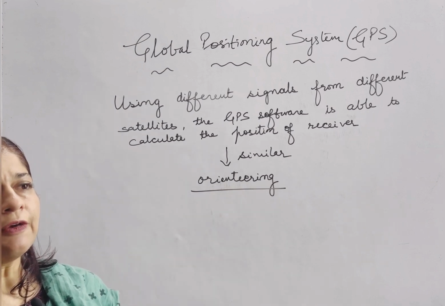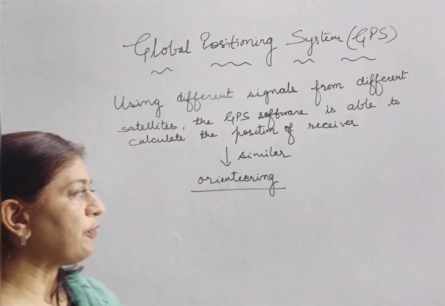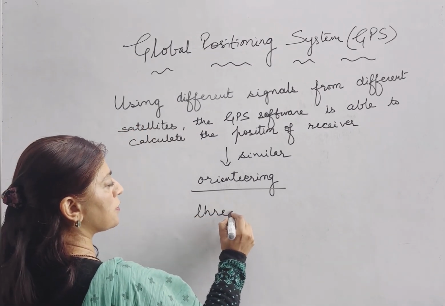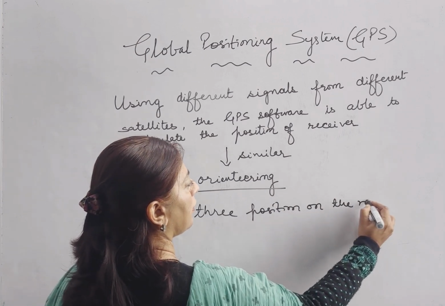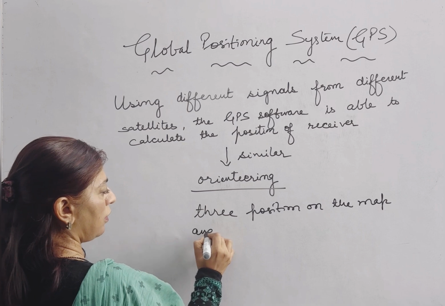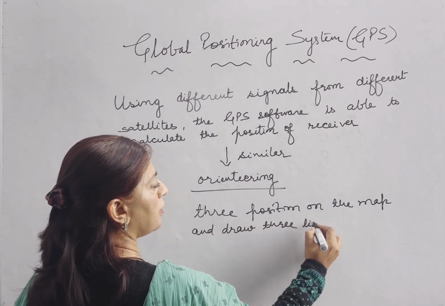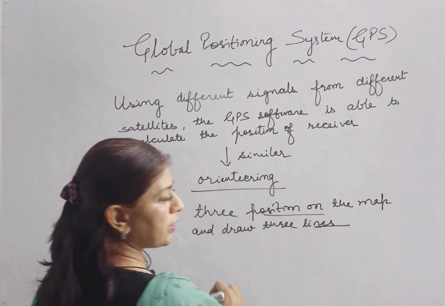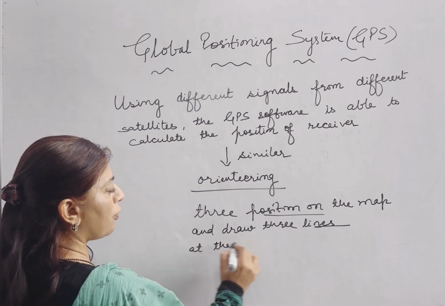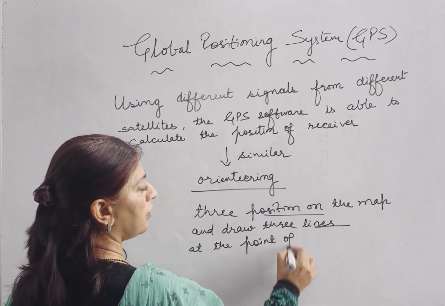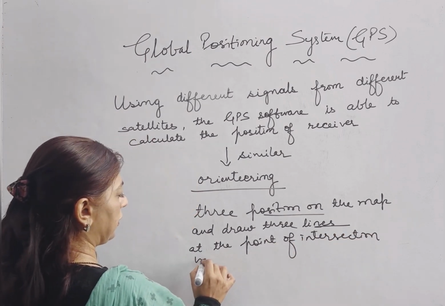According to orienteering, if suppose we want to find our location on the map, we identify three positions on the map and draw 3 lines with respect to these positions, and the triangle formed at the point of intersection will be the location.